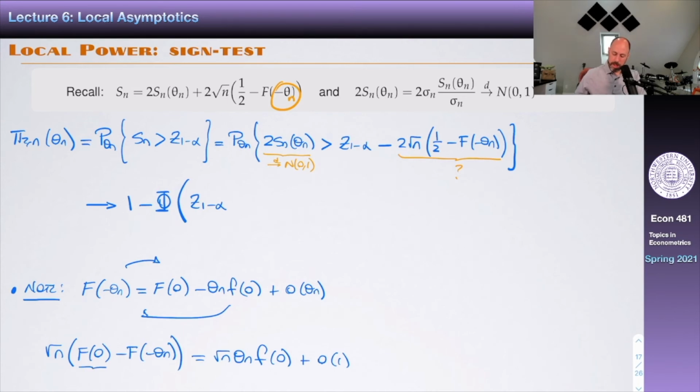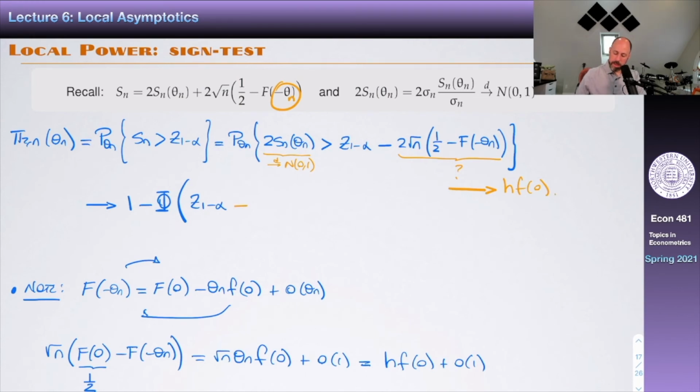And this is a half. And this is equal to h times f(0) plus little o(1). So we conclude then that this expression over here converges to h times the density at 0.